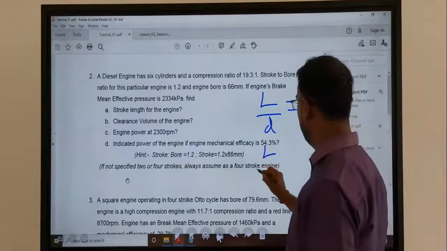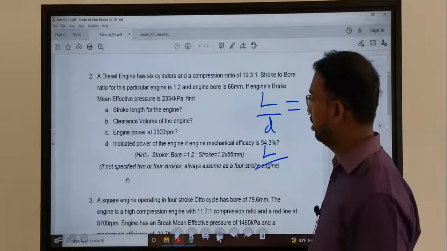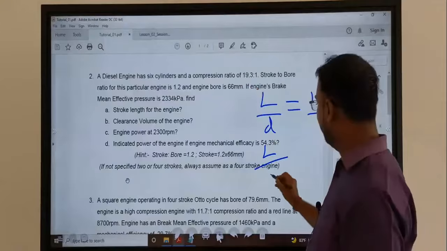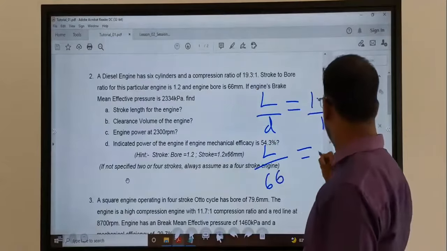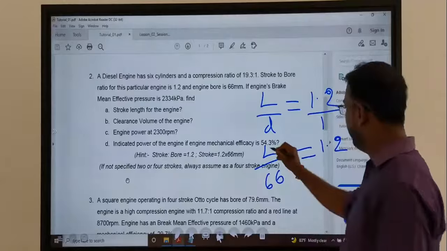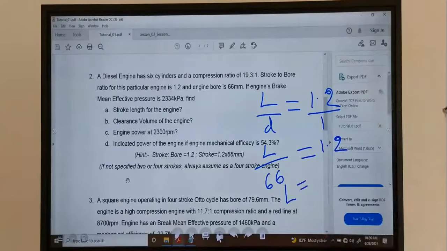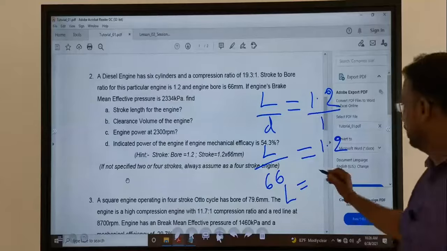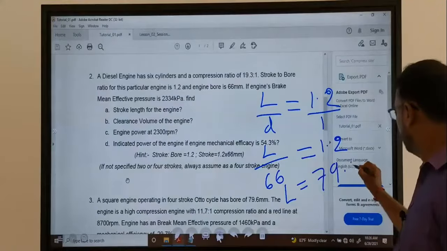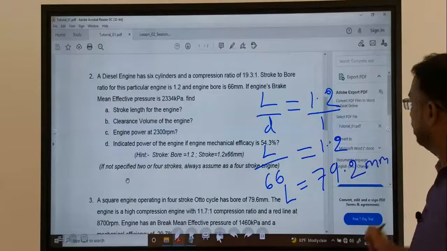L we have to find. The bore is 66, and the ratio is 1.2. So we can find L, which is 79.2 millimeter.